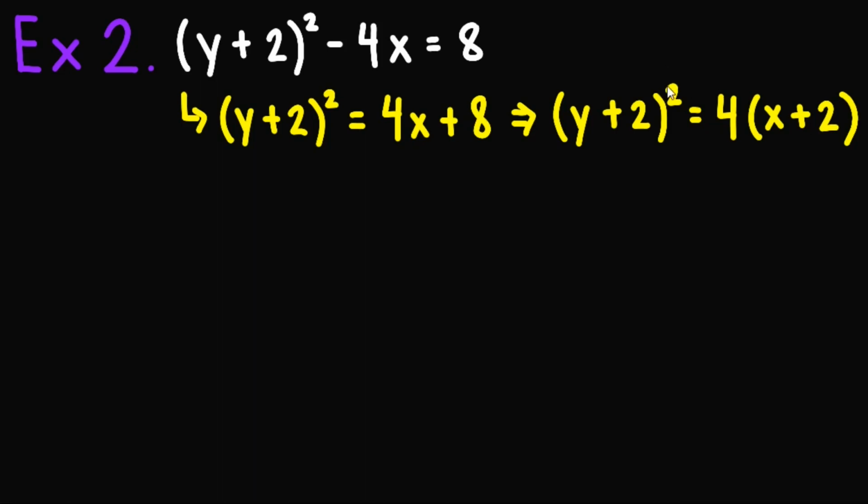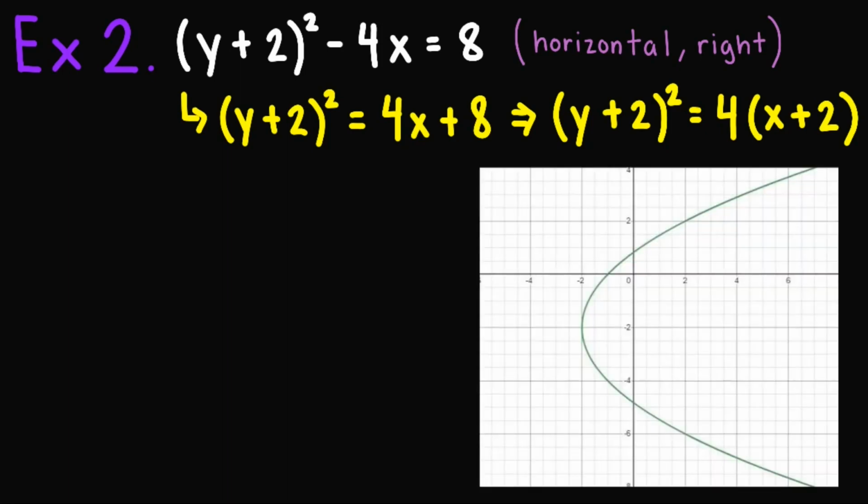Since the square is in the y variable, and the constant beside the linear variable, which is x in this case, is positive, then we know that the orientation of the parabola must be horizontal and opening to the right. So its graph would look something like this.